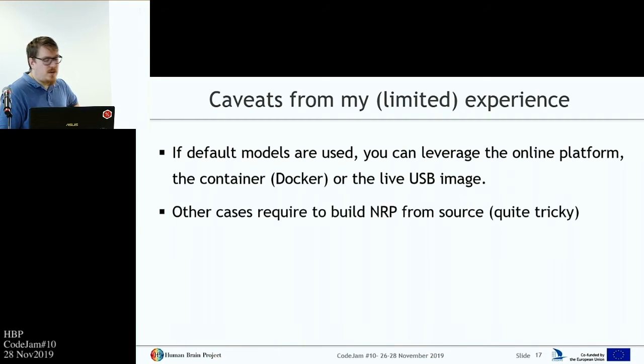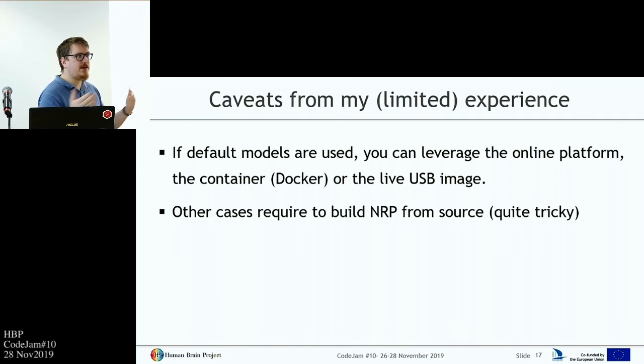If you need, as we needed, additional models, additional plasticity, or additional neurons, or additional robots, then you need to build the NRP from source and hack a bit with it. And yeah, also the installation, I think, is not that easy, but it's very well documented.